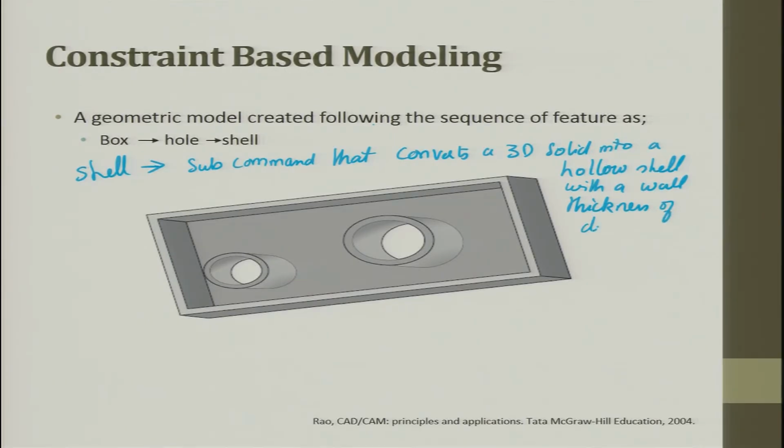This is the shell, whatever we talk about: a box, then we have a hollow, then we have a shell. Shell is nothing but a subcommand that converts a 3D solid into a hollow shell with a known wall thickness.